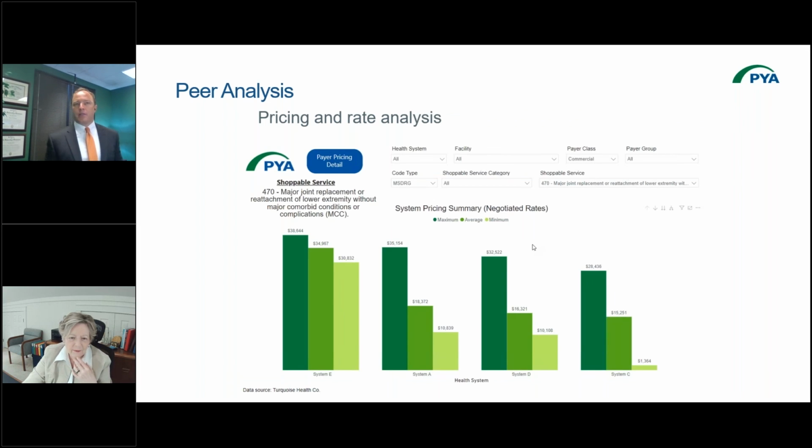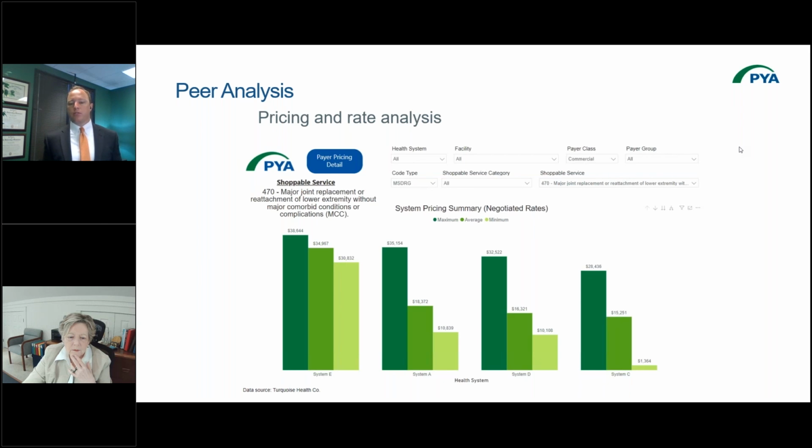So the next slides, I wanted to show some examples of how we found useful use cases to use the data. In this example, it's a de-identified dashboard allowing us to compare negotiated rates, the minimum, maximum, and average between several health systems, with the ability to then drill into a facility and then into the payer to compare rates.